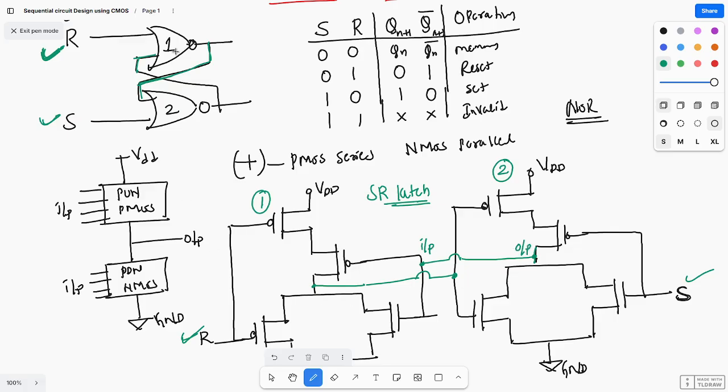So this one is over. And next, for the second gate, what is the other input? S is the input, and this output is connected to this input.